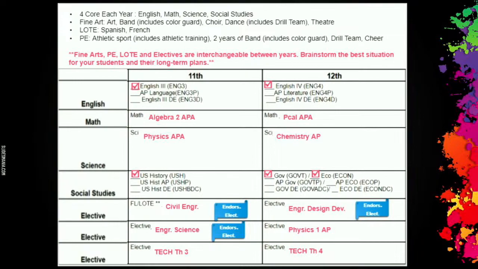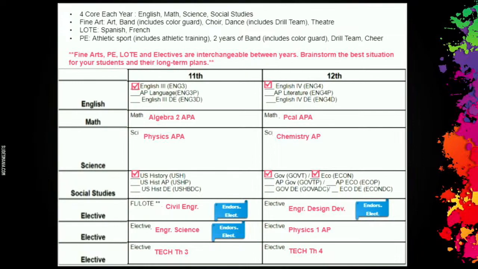Taking APA Pre-Calculus, that's his 4th math. Taking AP Chemistry. Now he's going to take a semester of government and a semester of economics. He's doing his 4th engineering or STEM elective here with Engineering Design and Development. He's going to take AP Physics for an elective and Technical Theater 4. So this student is going to receive more than 1 endorsement.